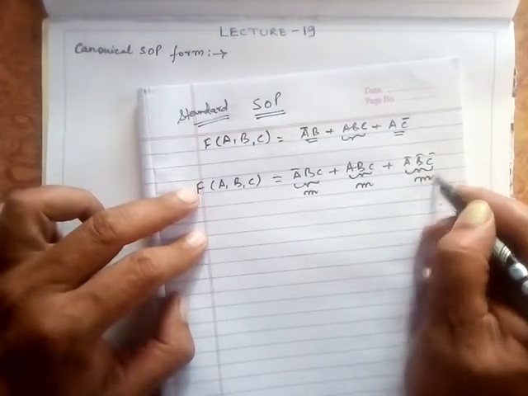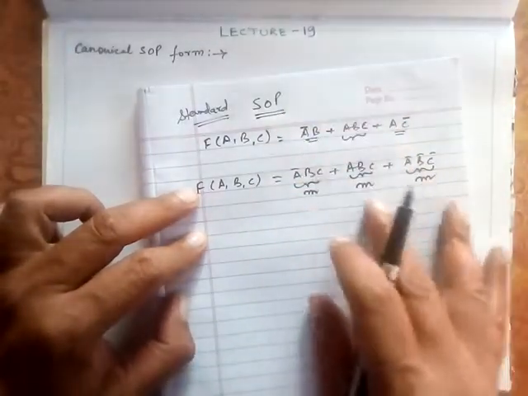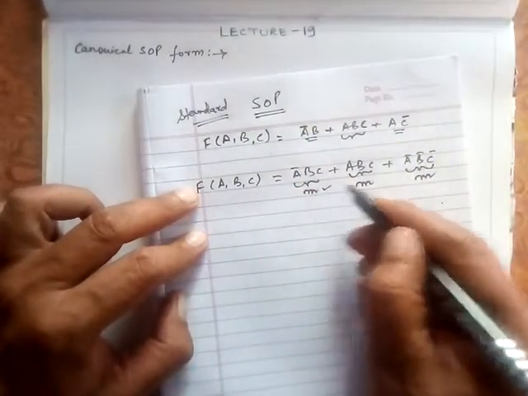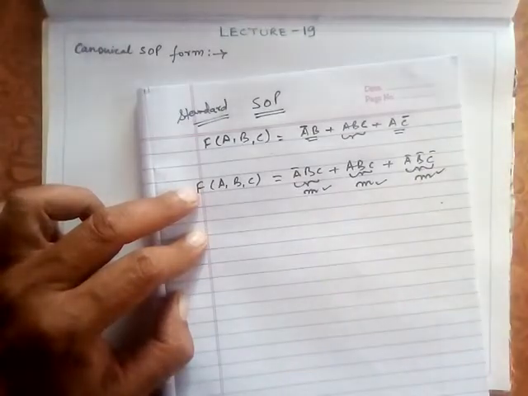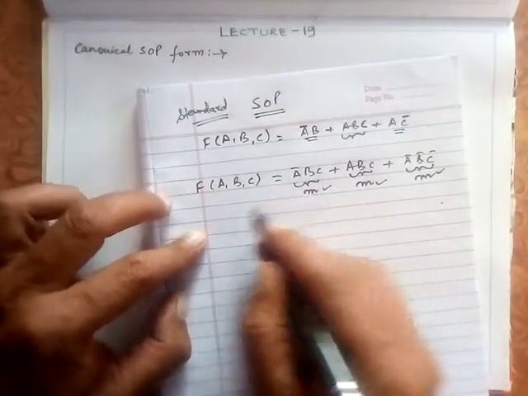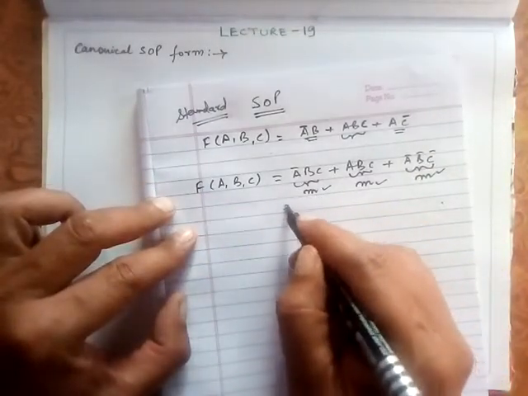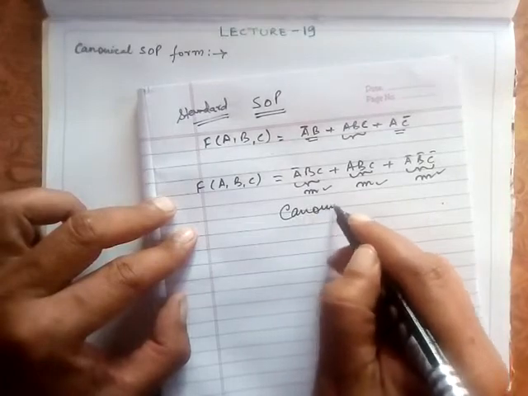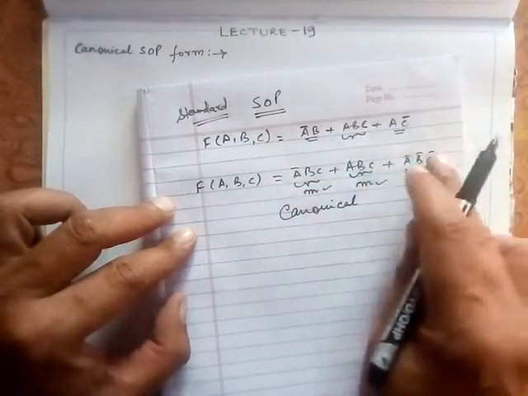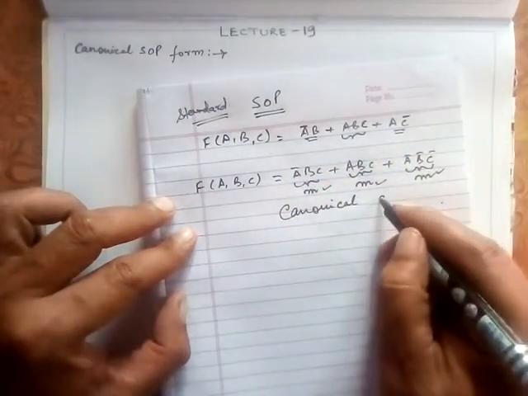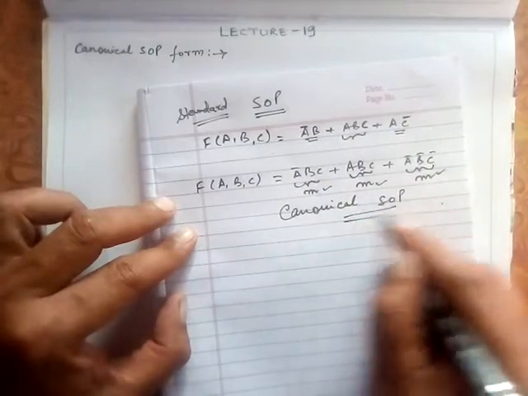Minterm is represented by small m, I told you, and maxterm is represented by capital M. Such a form is called canonical SOP form. Of course it is a SOP form, it is a sum of certain products.